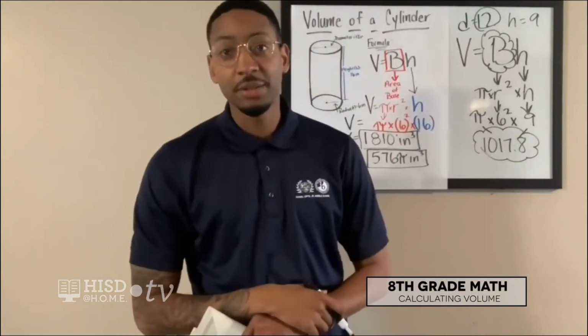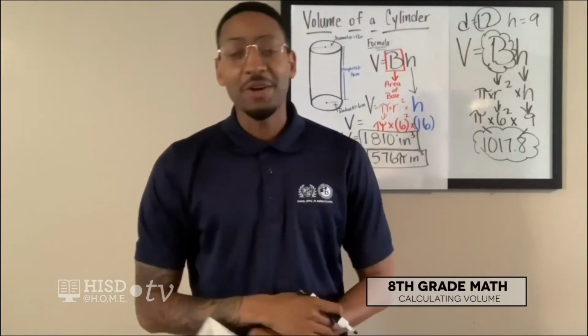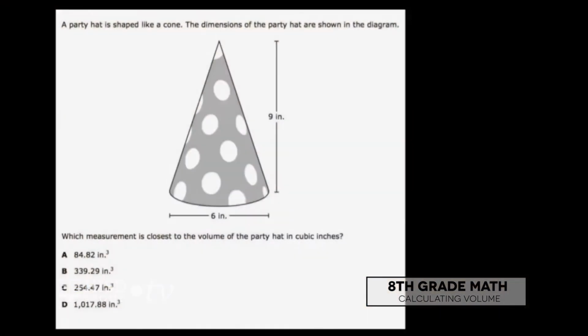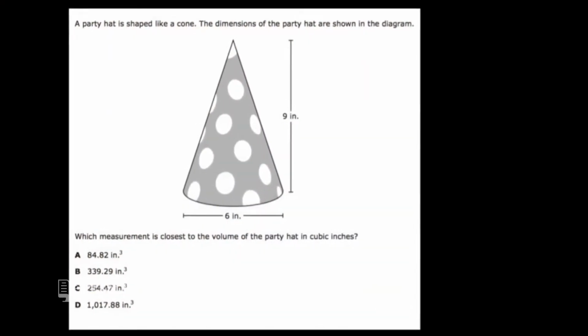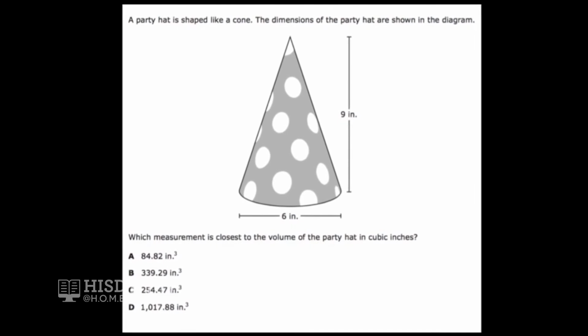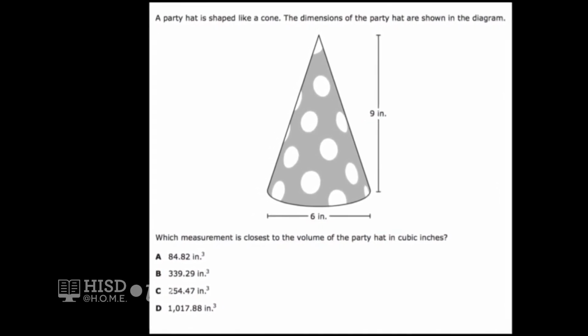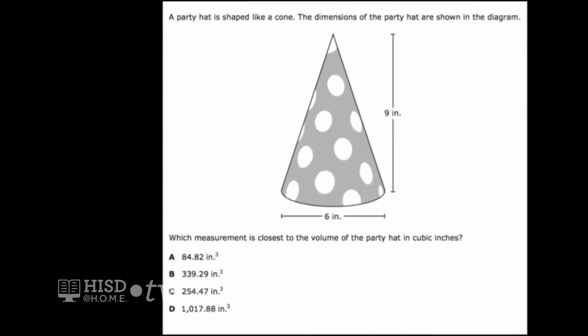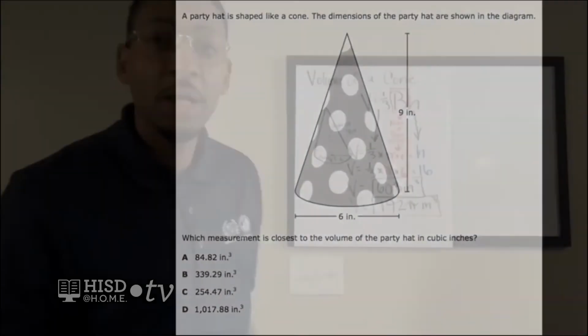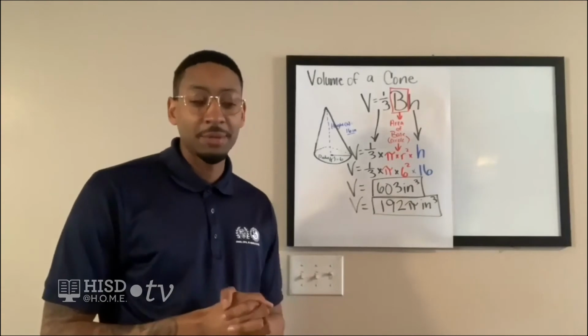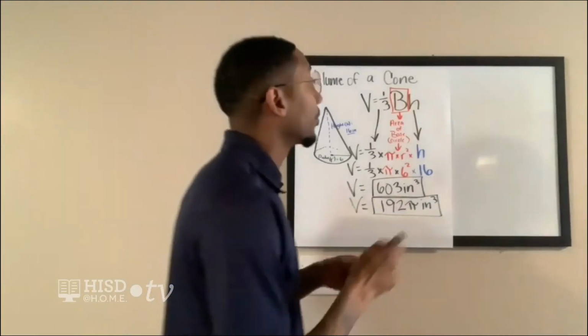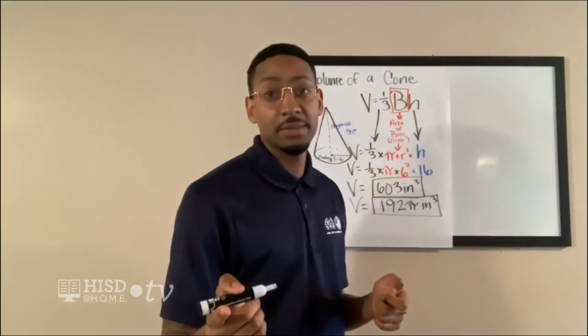Anybody have a question? Great, let's go to our next problem. A party hat is shaped like a cone. The dimensions of the party hat are shown in the diagram. Which measurement is closest to the volume of the party hat in cubic inches? Okay, so in this problem, first things first, were we given the diameter or the radius?